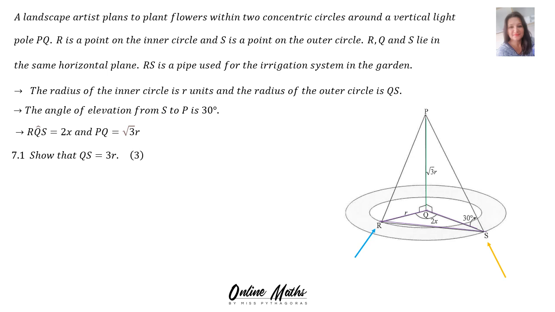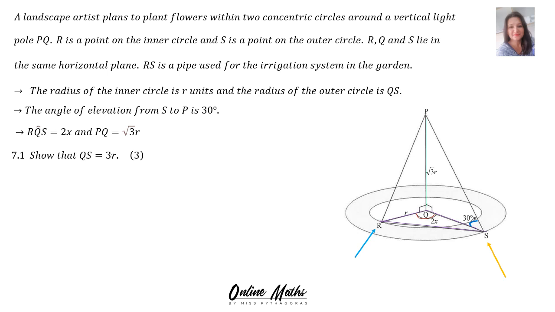The radius of the inner circle is r units and the radius of the outer circle is QS. The angle of elevation from S to P is 30 degrees. Angle RQS is 2x and PQ is root 3 r. 7.1 Show that QS is 3r.